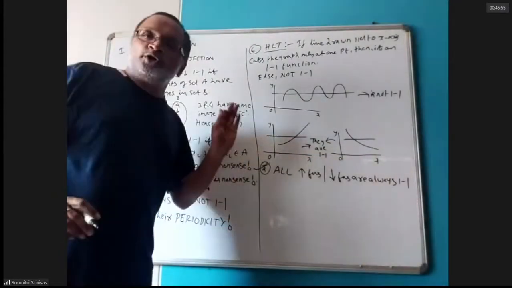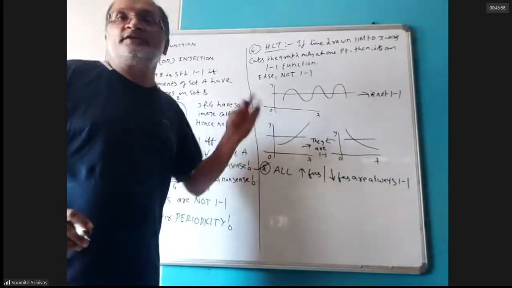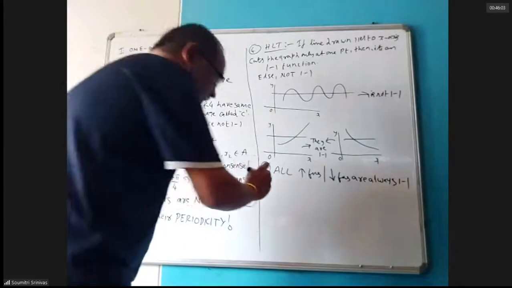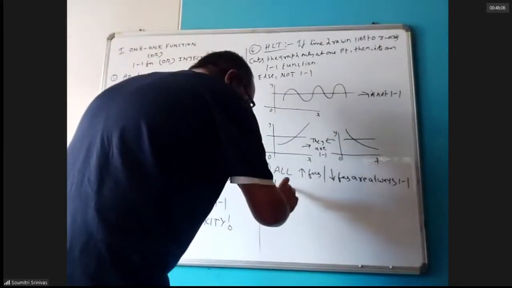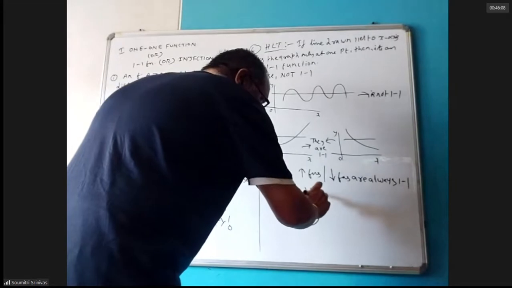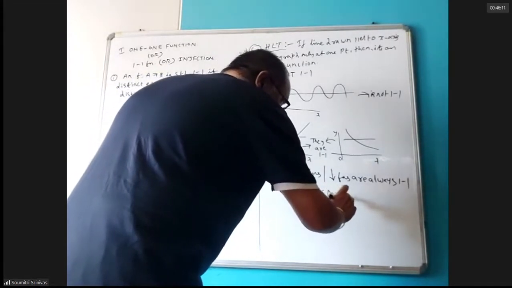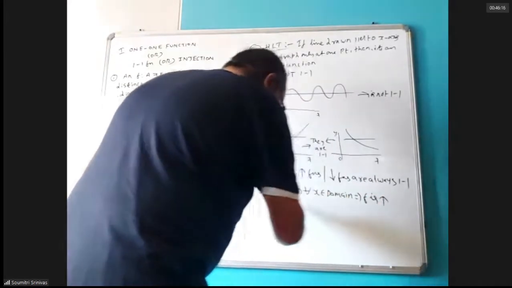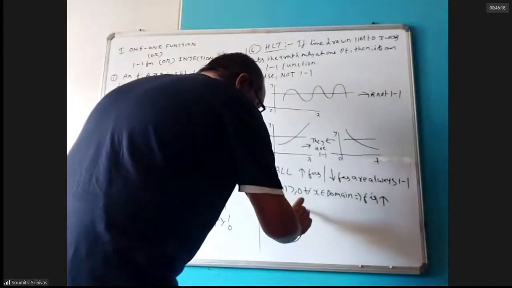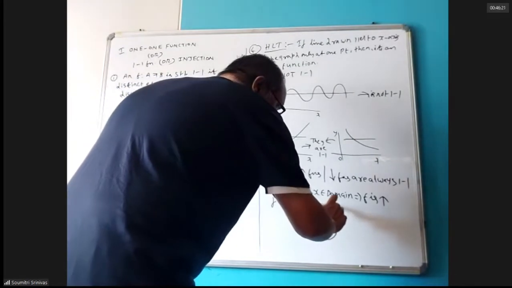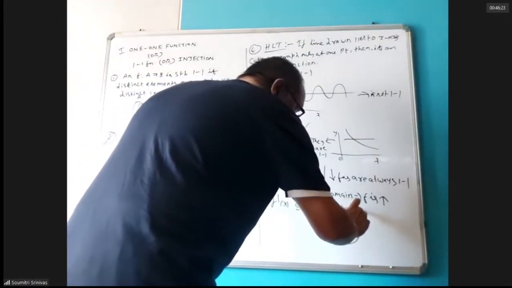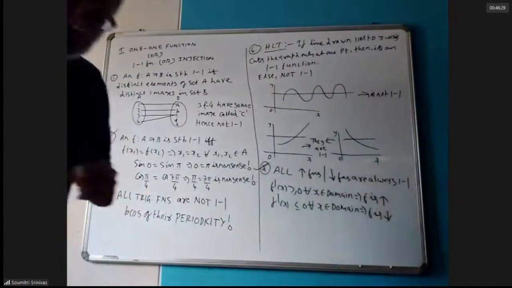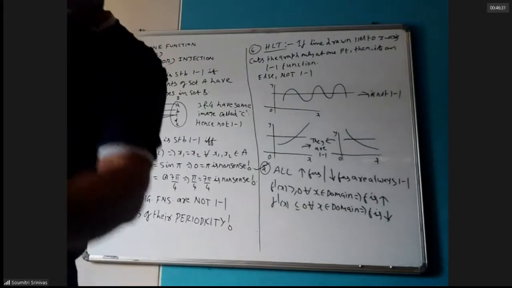Now, how do you know a function is increasing or decreasing? उसके लिए थोड़ा derivatives use करना पड़ता. f'(x) greater than or equal to 0 for all x belonging to the domain implies the function is increasing. f'(x) less than or equal to 0 for all x belonging to the domain implies the function is decreasing.